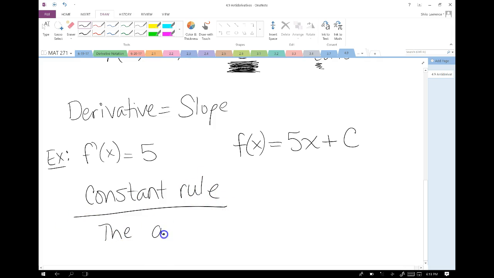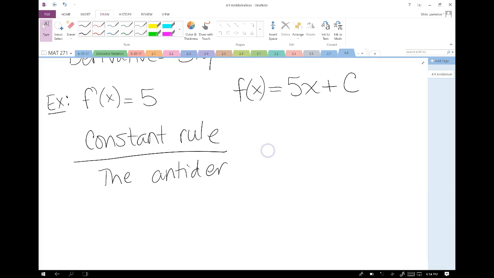The antiderivative, and there's a couple of ways we can actually write this more mathematically. You're not always going to see it written as f prime.